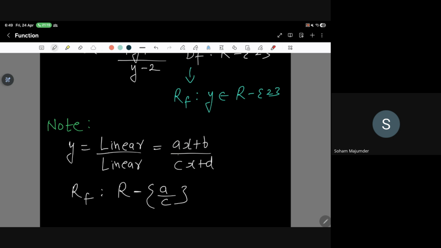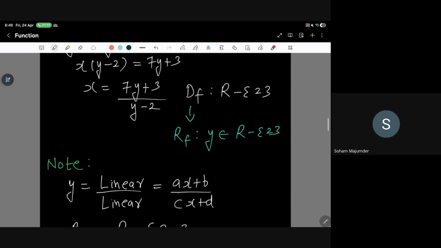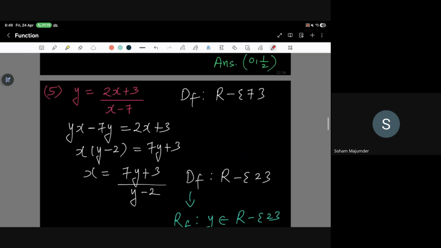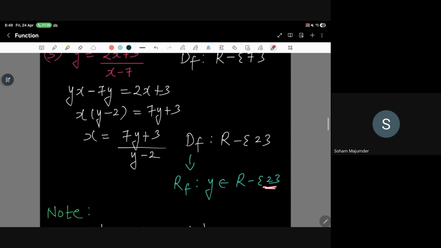Okay, so this is what you can see here: all real values except the coefficient of x in the numerator divided by the coefficient of x in the denominator.